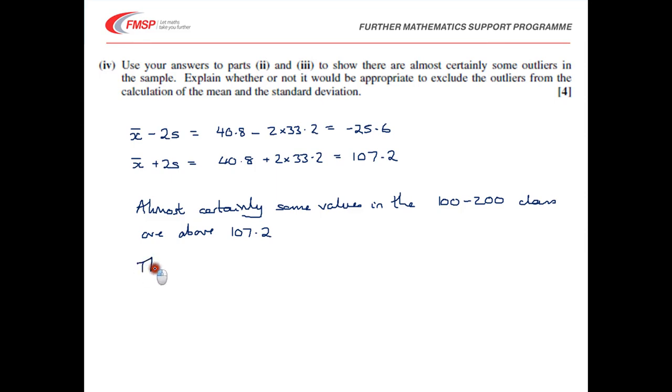They should not be excluded because there's nothing to suggest they are rogue bits of data. There's nothing to suggest that they come from a different population. They're perfectly valid and need to be included.